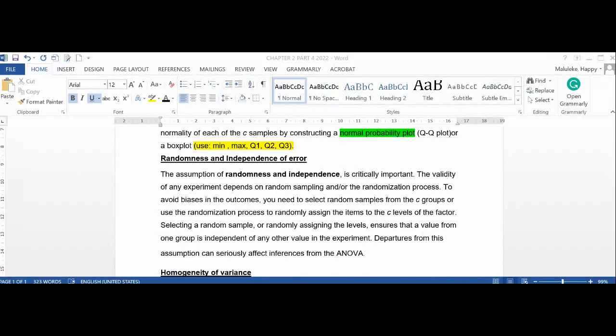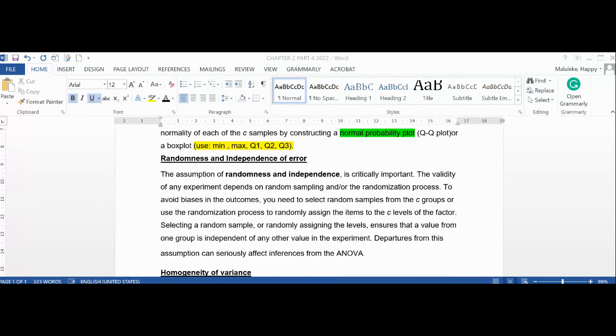But with the first two, you have to know that if you have to check the normality assumption, what material do you need to do that? You must know that I need the box plot, the normality plot, or the histogram of errors. You have to know that.